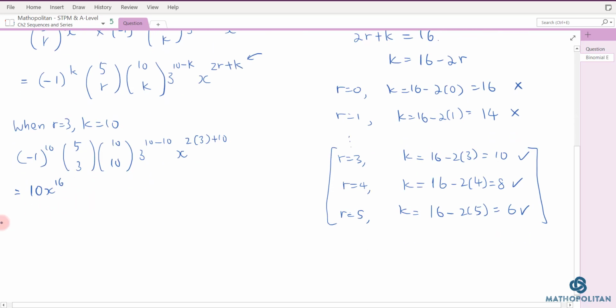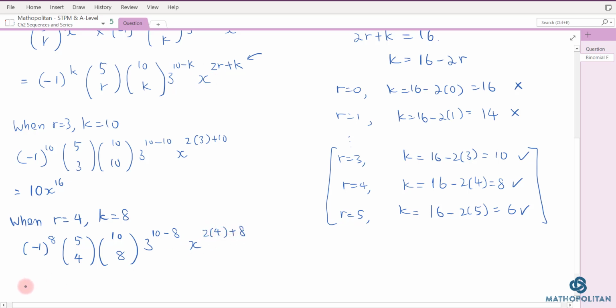And then the next part, when r is equal to 4, then k is equal to 8. So we have negative 1 to the power 8, and then 5C4, and then 10C8, and then 3 to the power of 10 minus 8. Based on our expression here, there's x to the power of 2 times 4 plus 8, so that's 16.